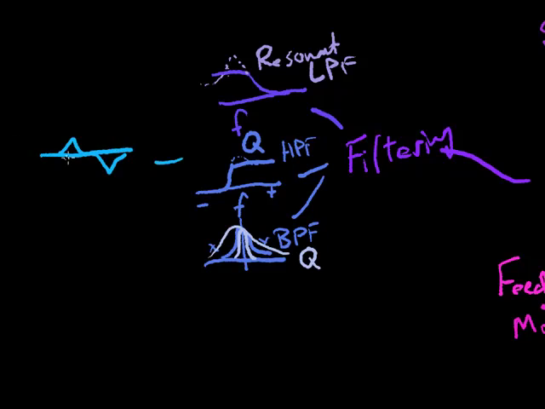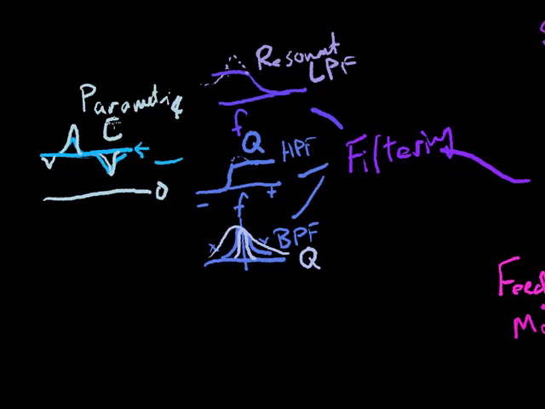This flat line would indicate no change to the sound, and these would indicate giving a boost to a certain frequency, or cutting a certain frequency. It might not go all the way down to zero, it may just reduce it a little bit. When you do that, that's typically called a parametric equalizer.